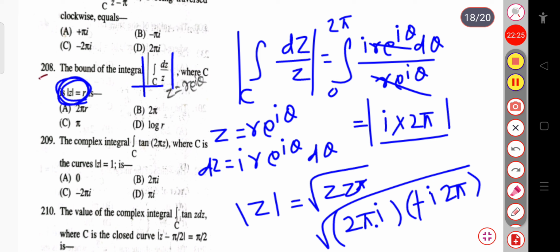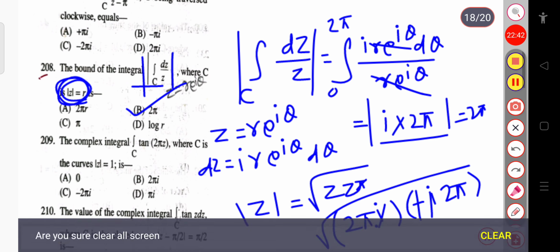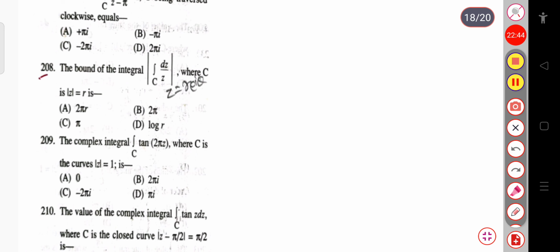So this is root over 2 pi into 2 pi, that is equal to 2 pi. So here the right answer will be 2 pi. Directly you can remember that the modulus of the integration over dz by z will be equal to 2 pi.